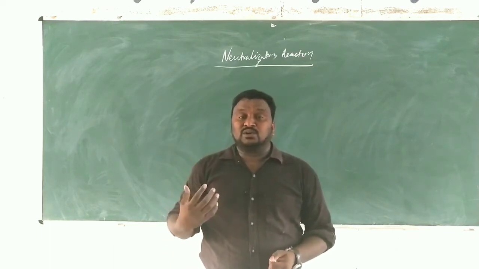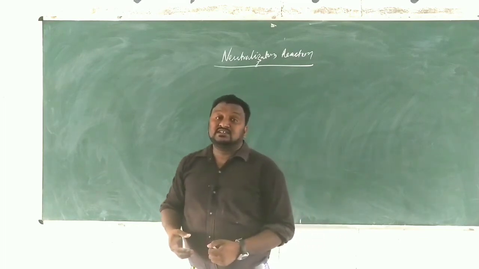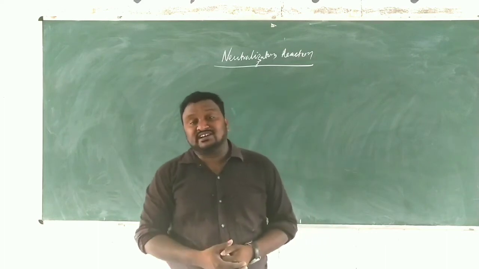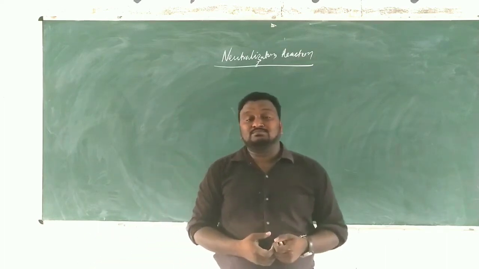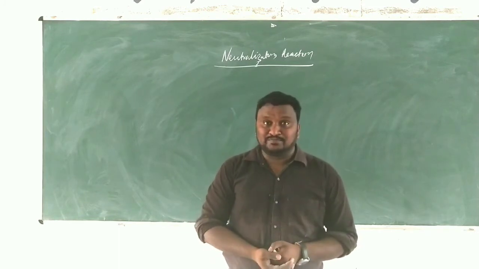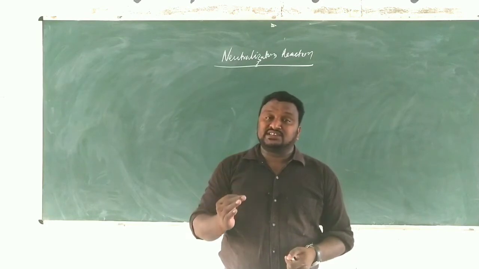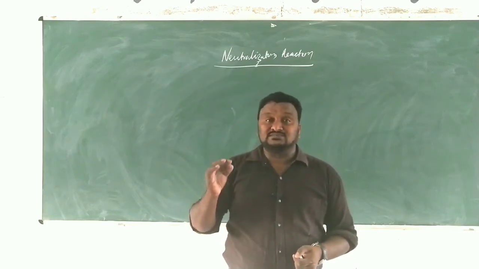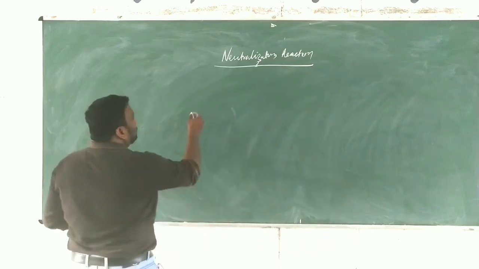At that time I explained that acids consist of H plus ions and bases consist of OH minus ions. If we combine them, that becomes neutral. In the same manner, the general reaction of acid and base can be expressed like this.